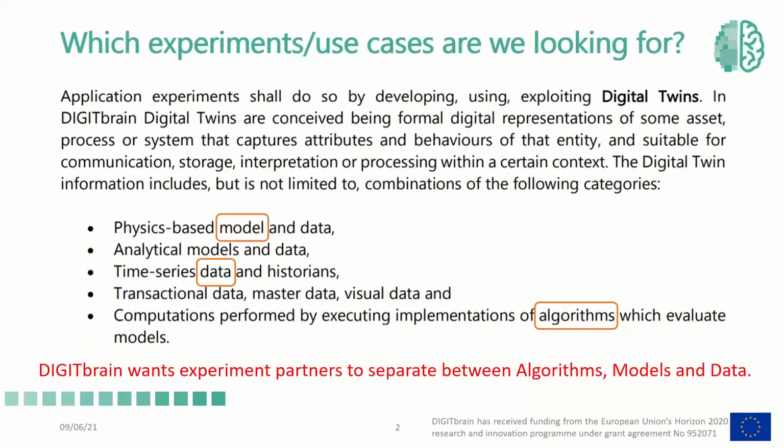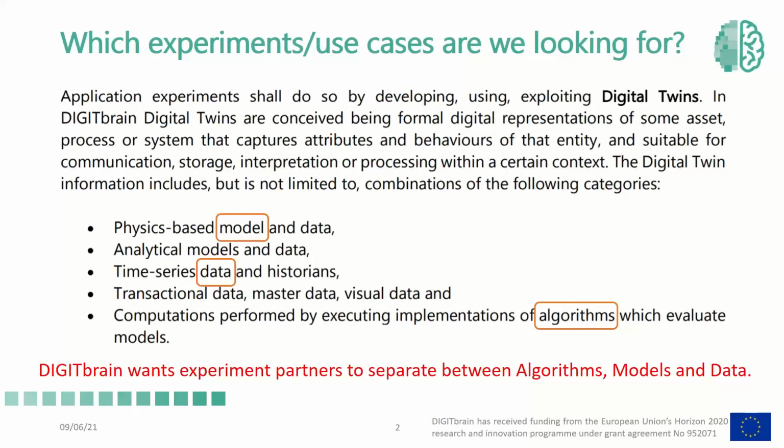So when we talk about digital twins, we have a definition which is a little bit extended to what you usually see when talking about digital twins. We consider physics-based models and simulation and HPC computing as an important potential part of digital twins. We don't say that digital twins must have it, but it's also not to be neglected.